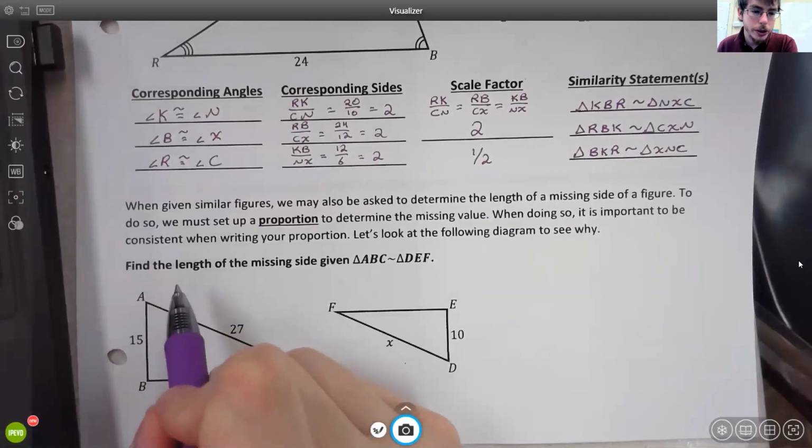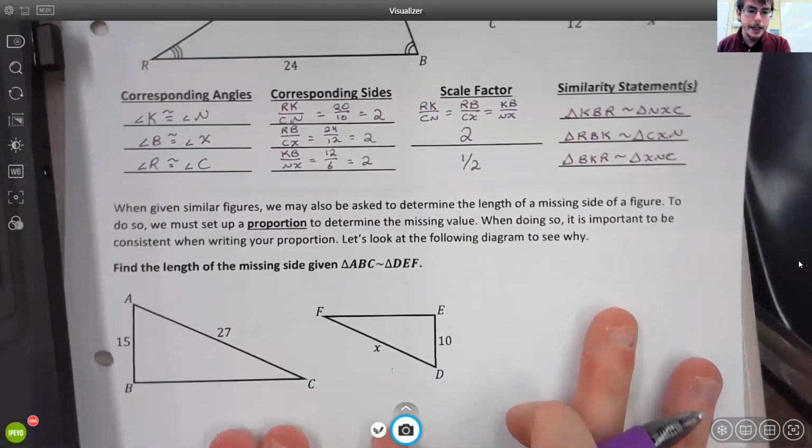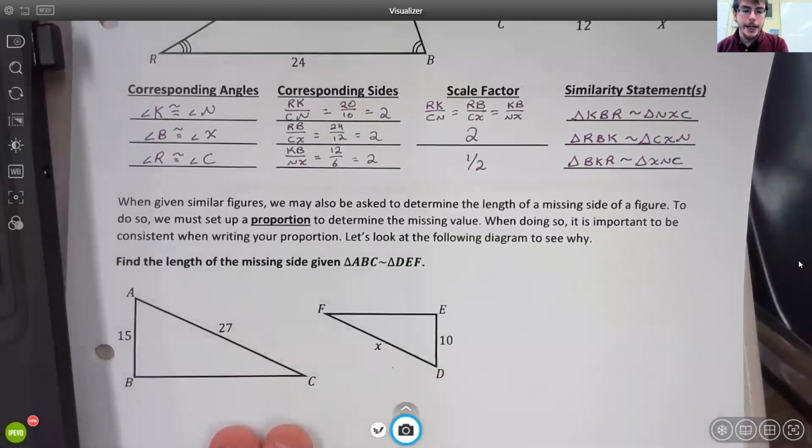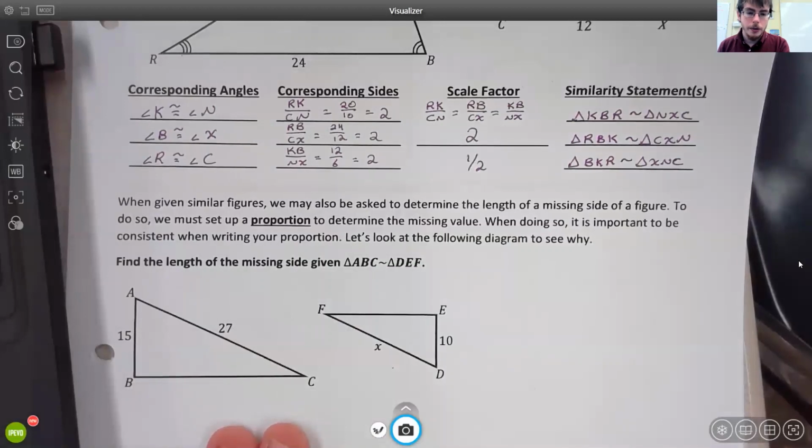So in this one, it wants us to find the length of a missing side, given that triangle ABC is similar to triangle DEF. Well, we are given 2 sets of sides here. Now we need to make sure that we are consistent with writing our proportion. And what it means by that is if we start with one triangle and go to the next, then we need to start back at the other triangle for the second part of the proportion.